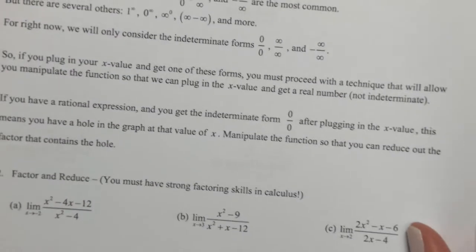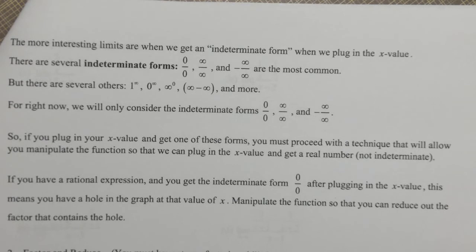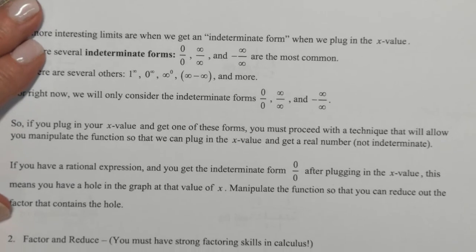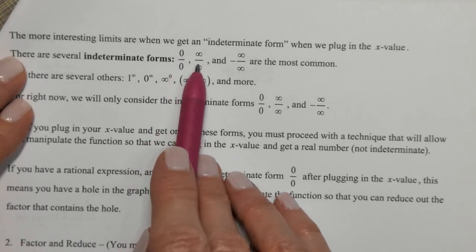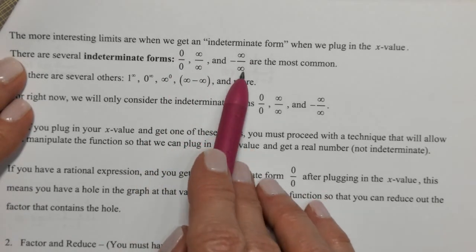Alright, let's take a look at what's coming up here. Now, that's all fine and good, but the more interesting limits are when we get an indeterminate form when we plug in that x value. There are several indeterminate forms. What happens if you get 0 over 0? Infinity over infinity, negative infinity over infinity.